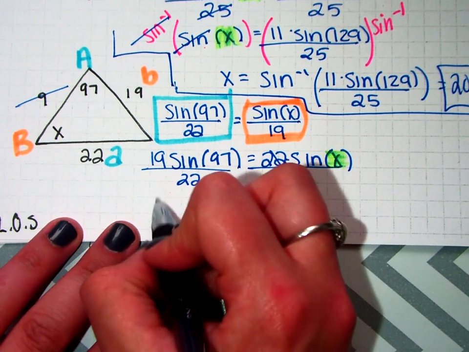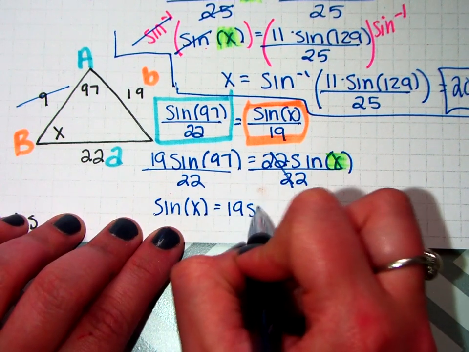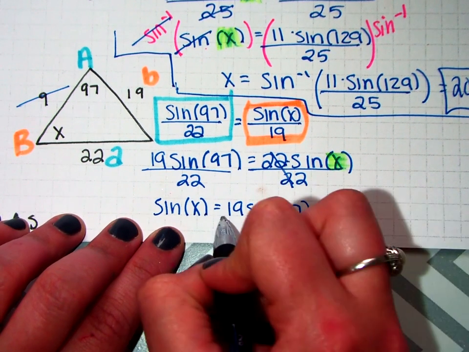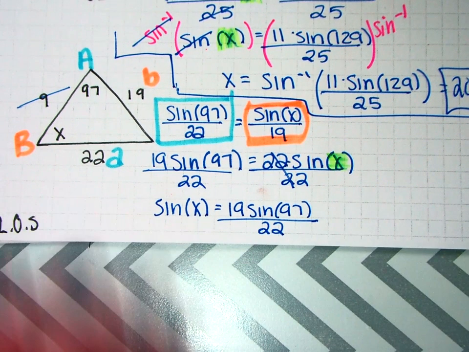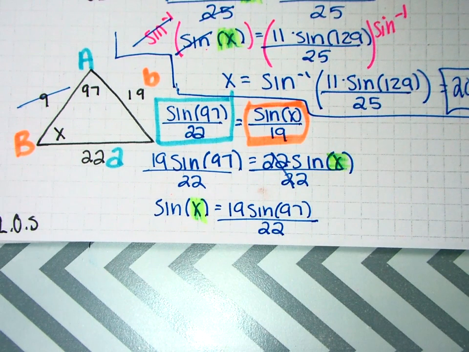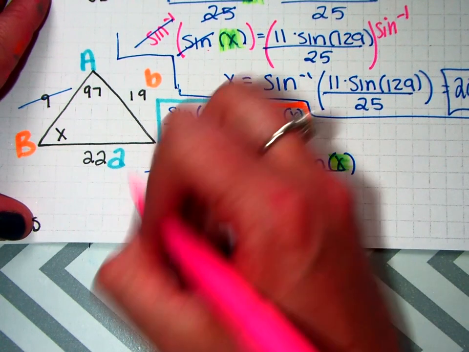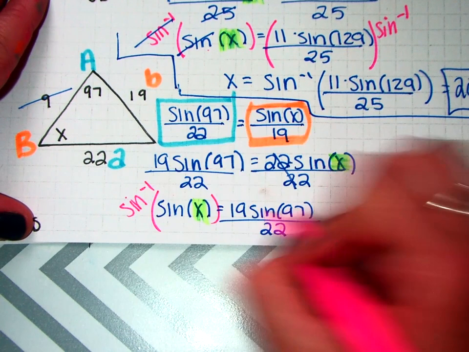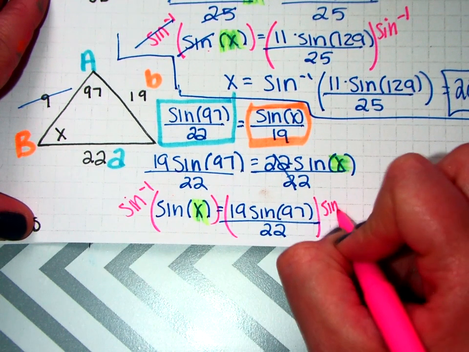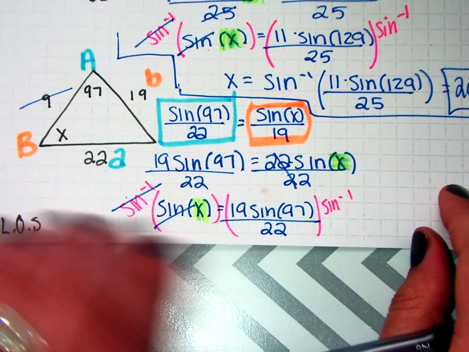So I'm left with sine of X equals 19 sine of 97 over 22. My variable is still not isolated, so what I need to make sure I do is use my inverse trig function. So I'm going to multiply both sides by sine of -1. And what that ends up doing is canceling our trig functions.